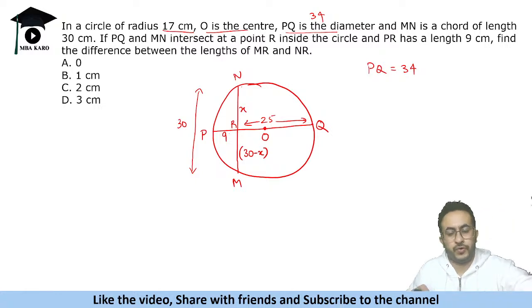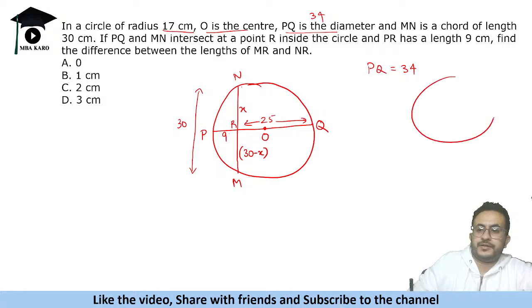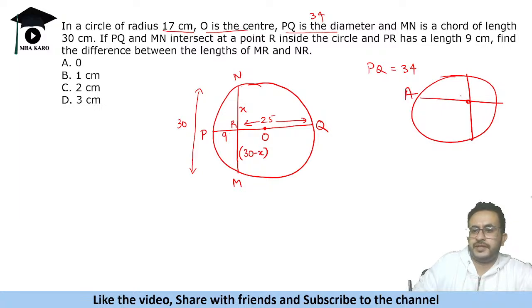Now when two chords of a circle intersect, okay, कभी भी दो chord, कोई भी chord, diameter is also a chord. If two chords intersect, let us say these are AB and CD, intersect at point P, then there is a theorem which says PC, this part into this part, opposite is equal to PA into PB. एक theorem होता है.